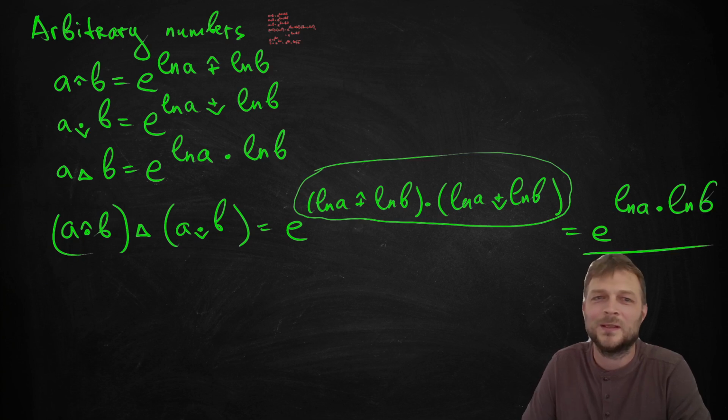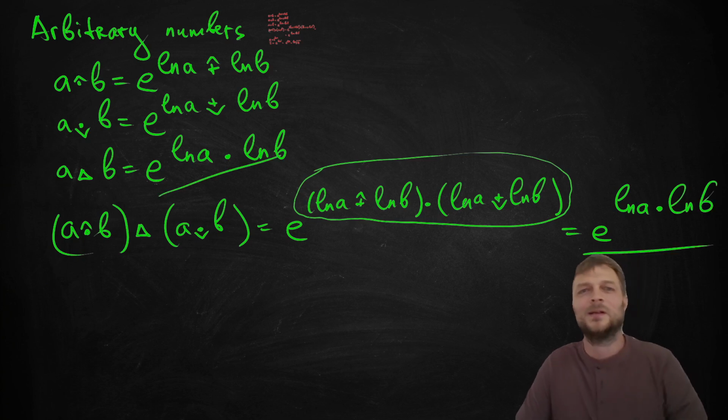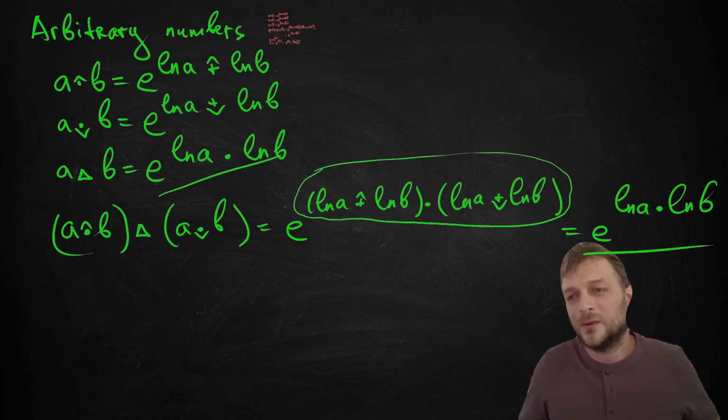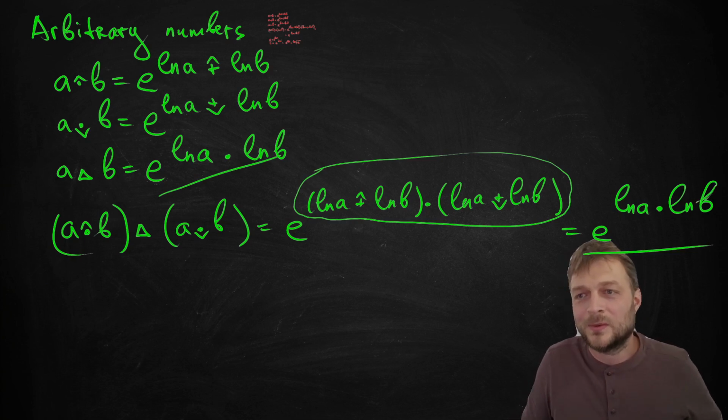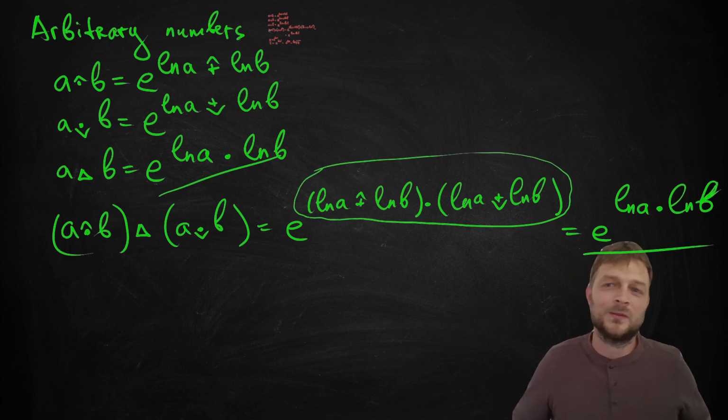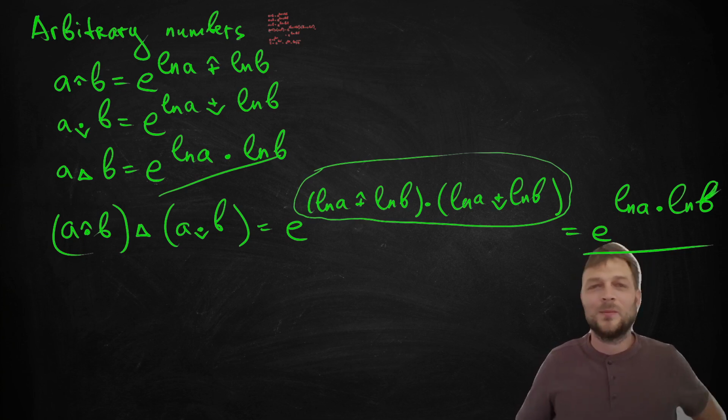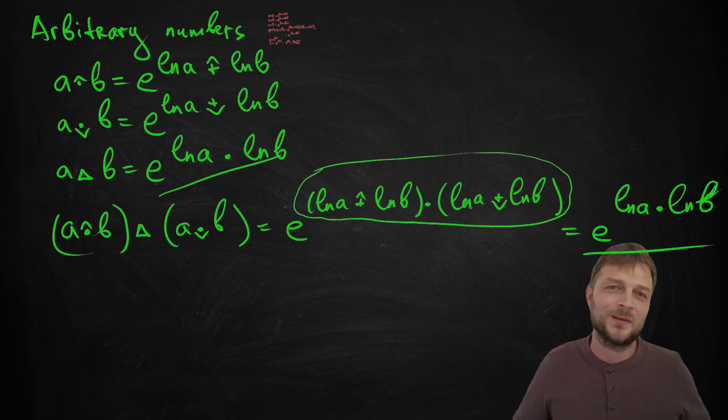So we see that this one and this one coincide, so this new algebra that we built today is compatible with the previous one, with additions and multiplications.